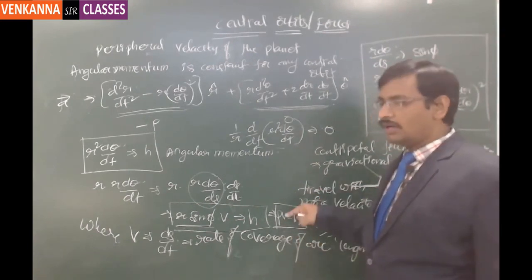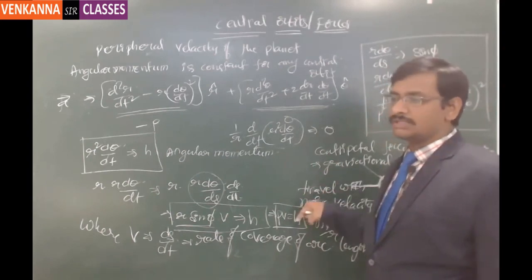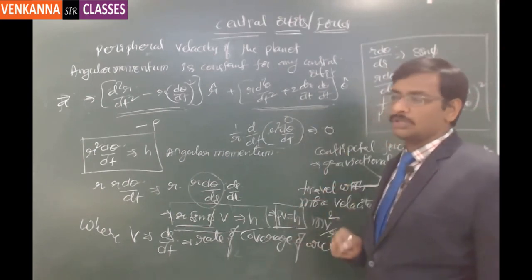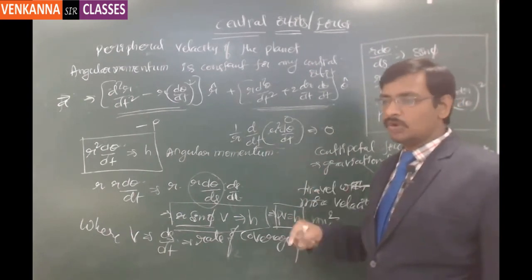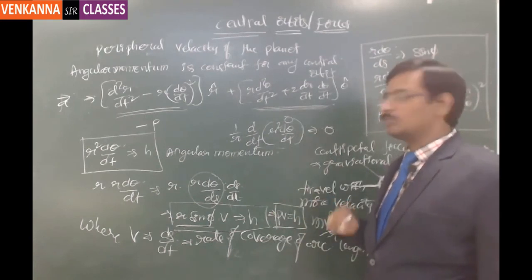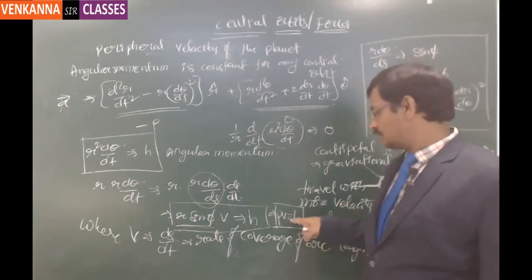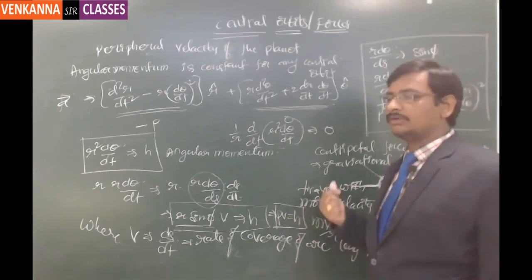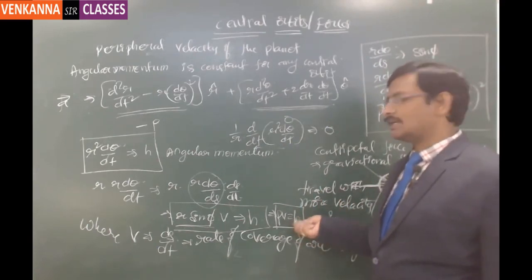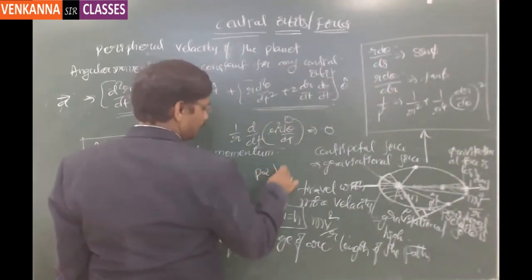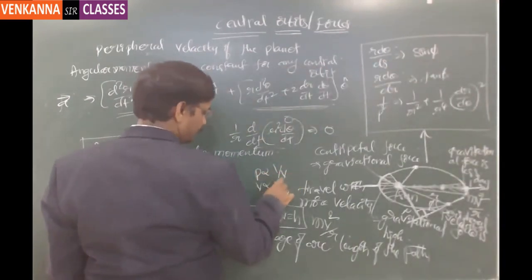Now one more advantage is h is anyway constant for any central orbit. That means v is inversely proportional to p. If the pedal length is more, then the velocity is less. If the pedal length is less, then the velocity is going to be more. So p is directly proportional to 1 by v, or v is directly proportional to 1 by p.